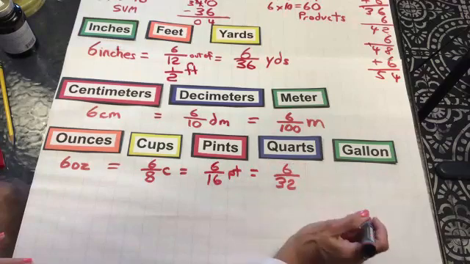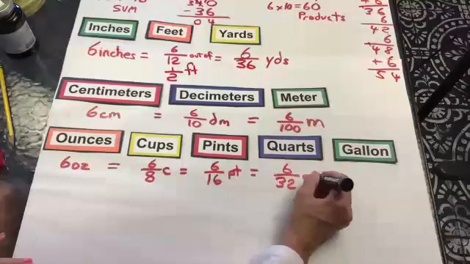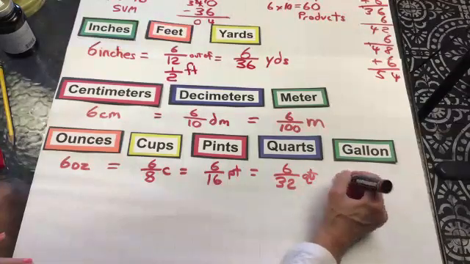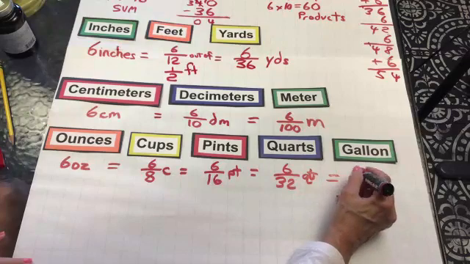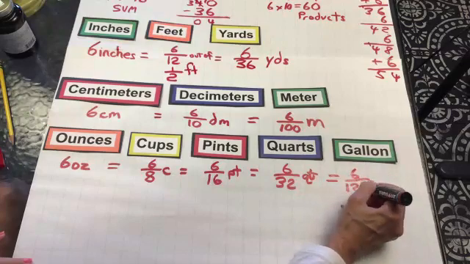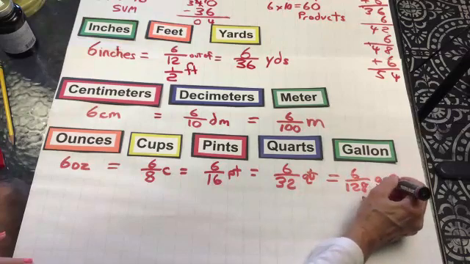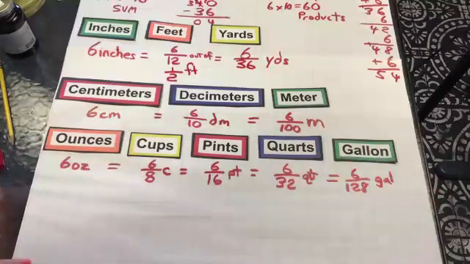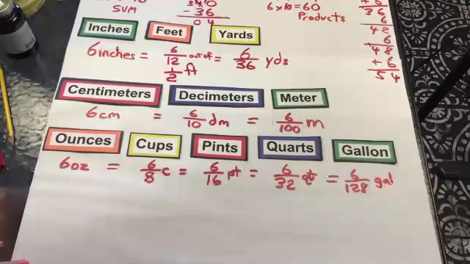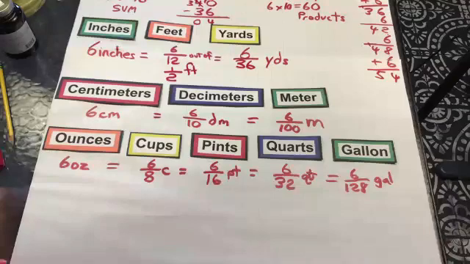So we have 6 out of the 32. So it's just part of a quart. And we have 6 out of 128 of a gallon. So we have partial gallon. So we're getting closer. We're going to start having whole cups here soon.